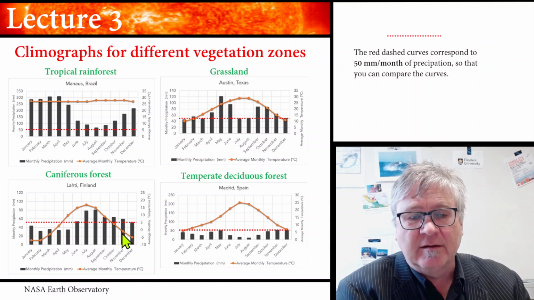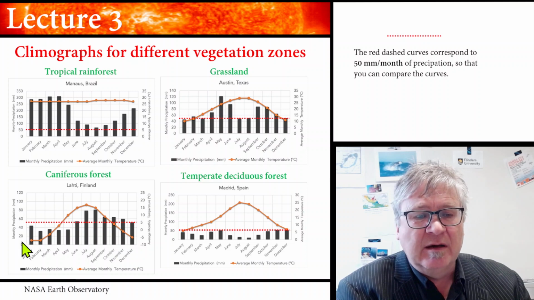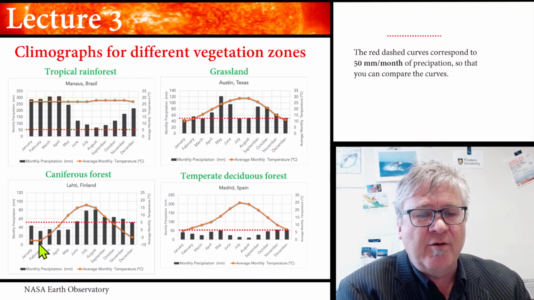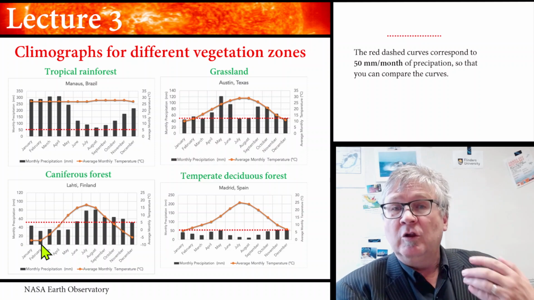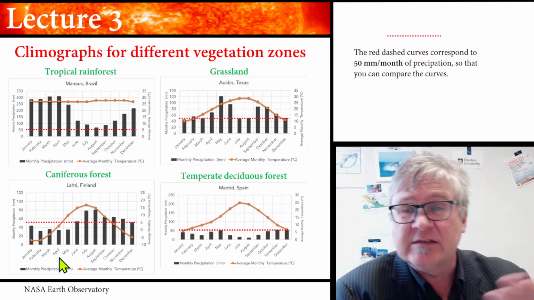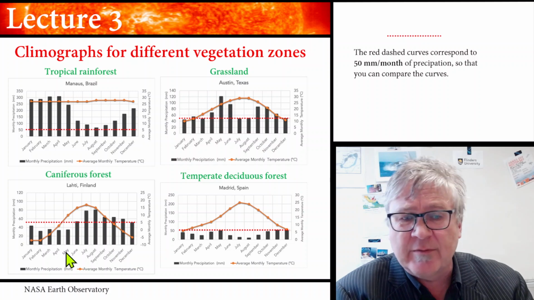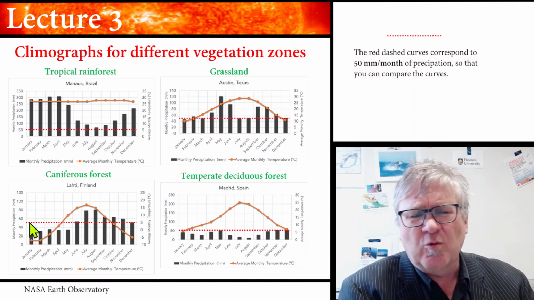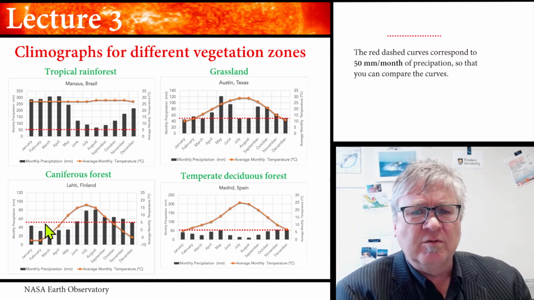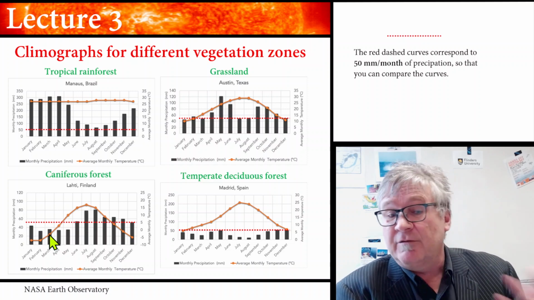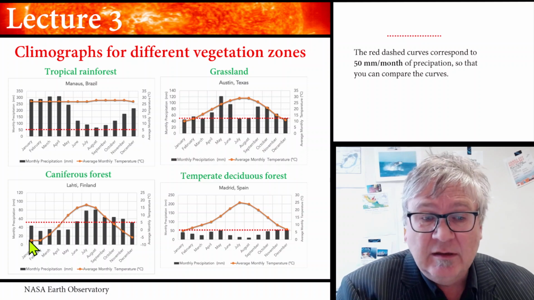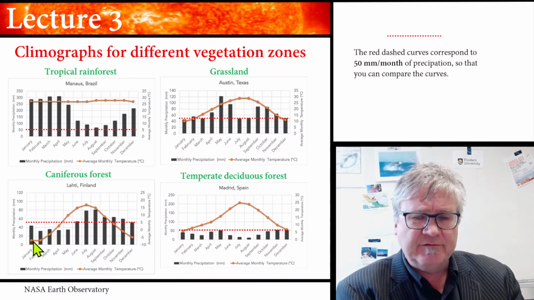You get freezing in November, December, January, February, and March. So you have a distinct long winter season, and that has a clear impact on the type of vegetation that you can have. Rainfall is similar to Texas, but you have a clear difference in terms of the temperature cycle that you have.